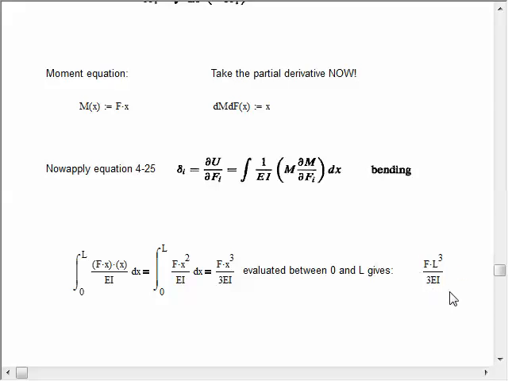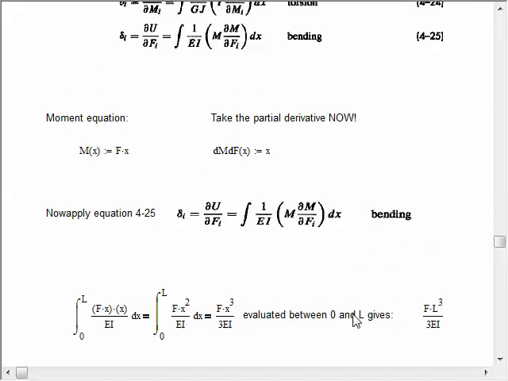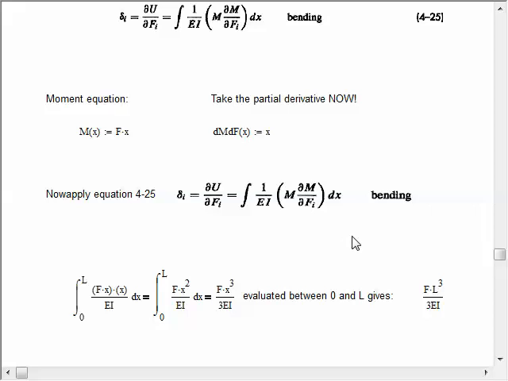Certainly it's the same deflection that we would find in the appendix of the textbook for a cantilevered beam. And so this was a slightly simpler problem in that we took the partial earlier and it made the integral just a little bit easier. Maybe not a lot easier on this one, but a little bit easier. This is not an example where we had a fictitious or dummy load that we were planning to set equal to 0.